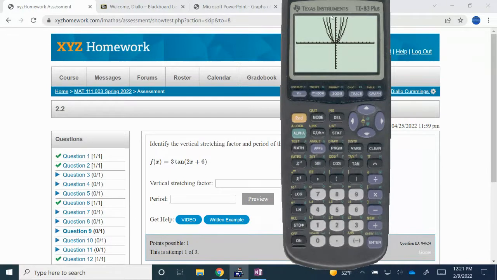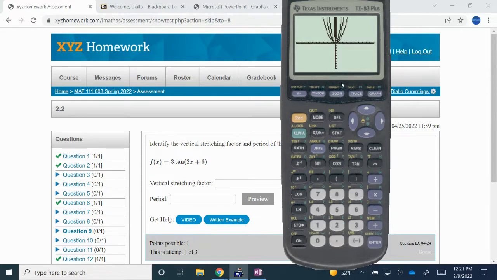It seems like the larger the number I put in, the more stretch I get. For example, if I put in 100x squared, notice that I'm almost on the y-axis.